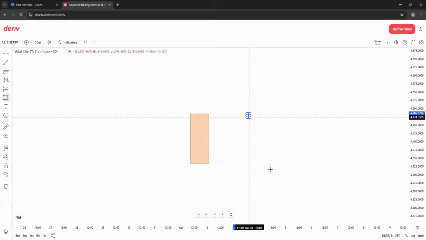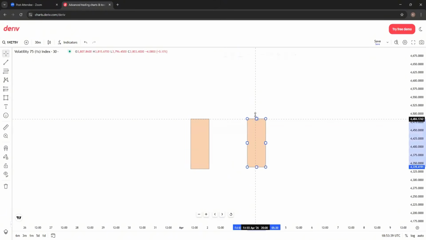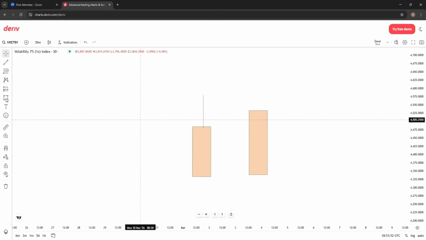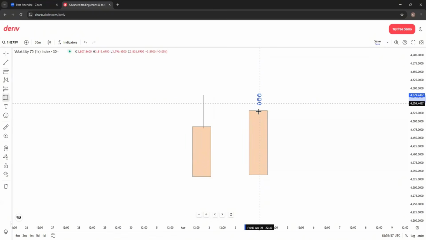Because you can have bodies that are equal, but then the tails are not equal. This tail and this tail can be like this. These are equal.